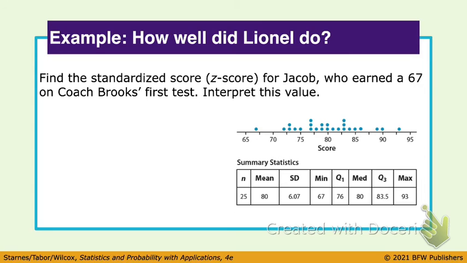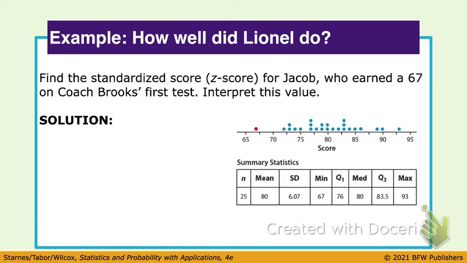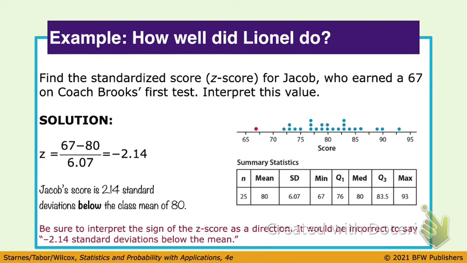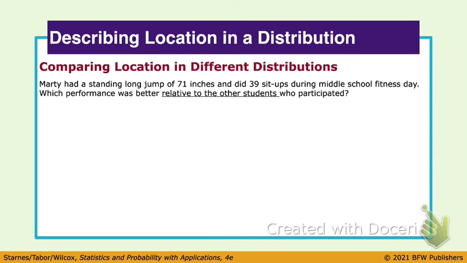All right, so what are z-scores and percentiles good for? The biggest thing is that they give us a way that we can compare things, okay? We want to compare distributions that are maybe not the same. For example, Marty had a standing long jump of 71 inches, and he did 39 sit-ups. Those are two very different things.